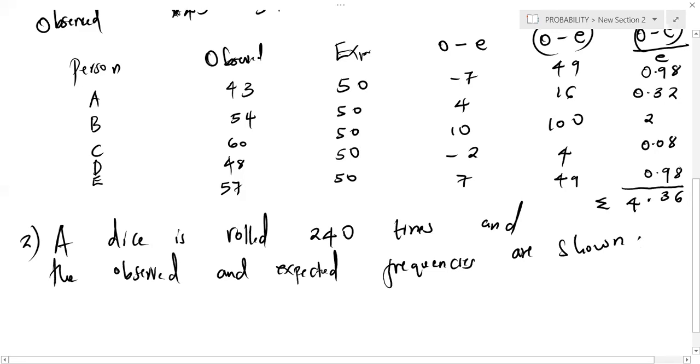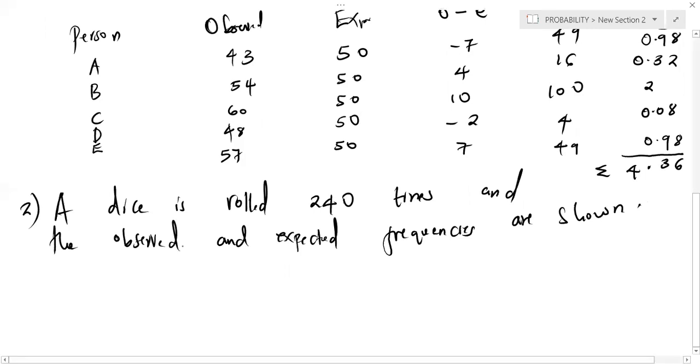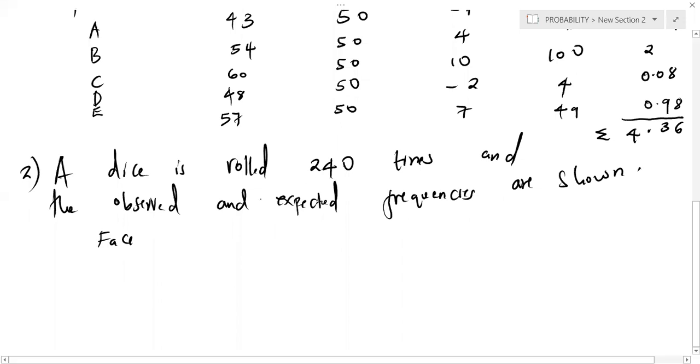So here's the data. We have a die, so it has 6 sides. So we have face 1 all the way till 6.